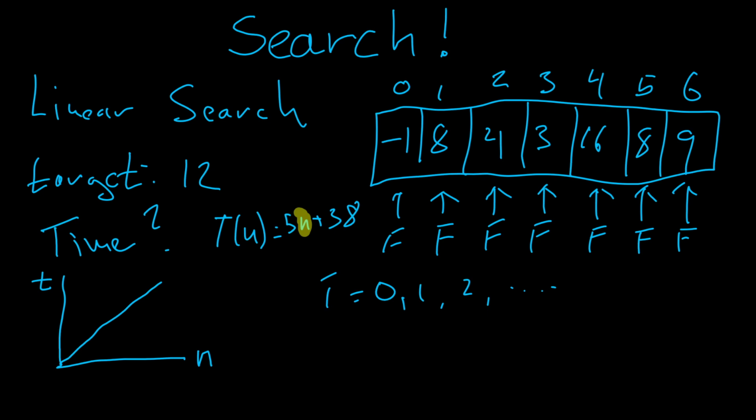So if t of n was going to kick out the number of seconds or milliseconds or whatever it takes for my code to run based upon the size of the input, really we just care about how this scales. So that's why we say this is big O of n. Big O is a way of saying we just want the most dominant term, because asymptotically, as n keeps going up towards infinity, that's what's really going to dominate the runtime.